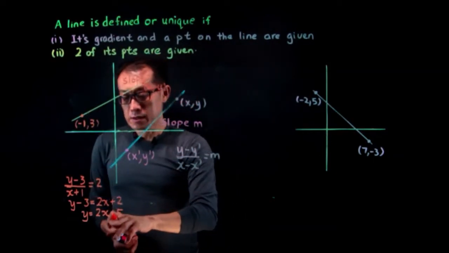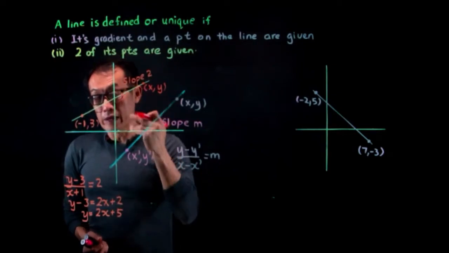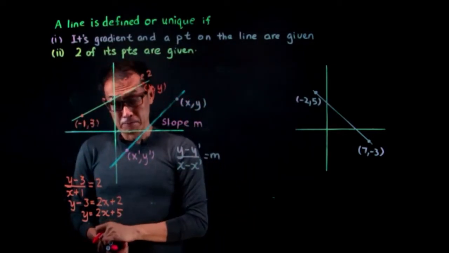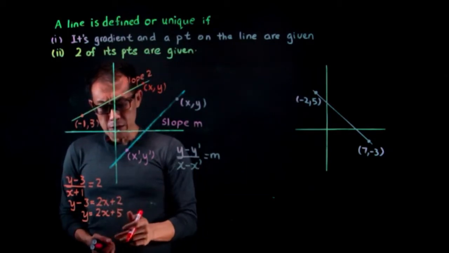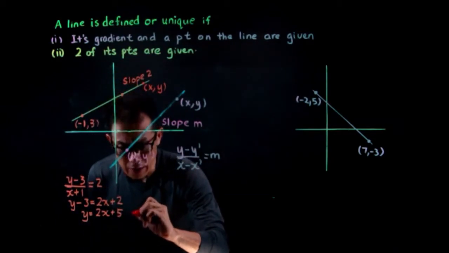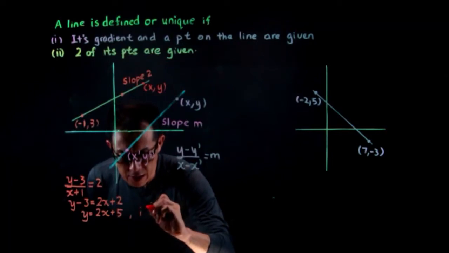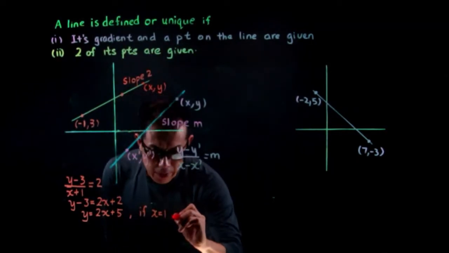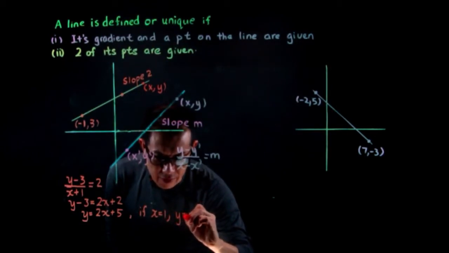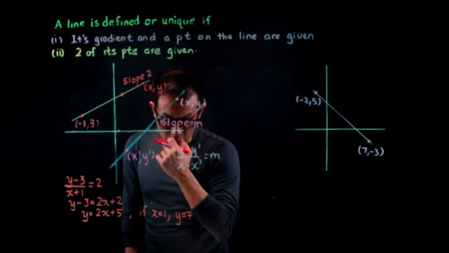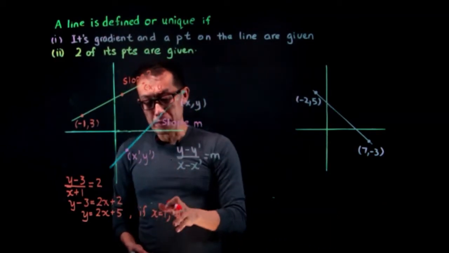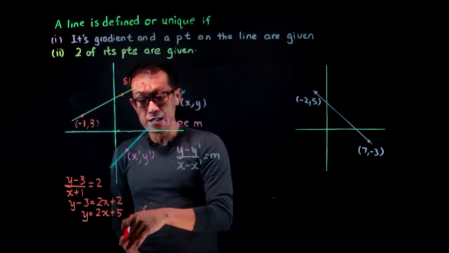Now, let's try with another point. This given point must be on the line. Let's say if x is 1, then y will be equal to 7. Now, the point (1, 7) is on this line because (1, 7) satisfies this equation.